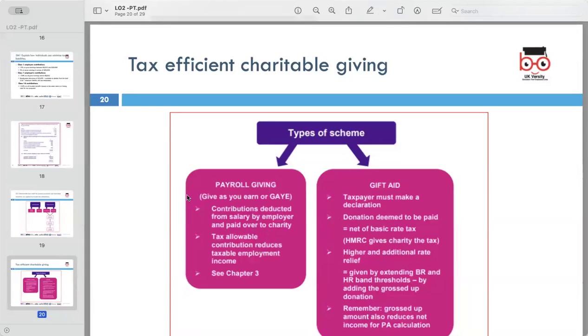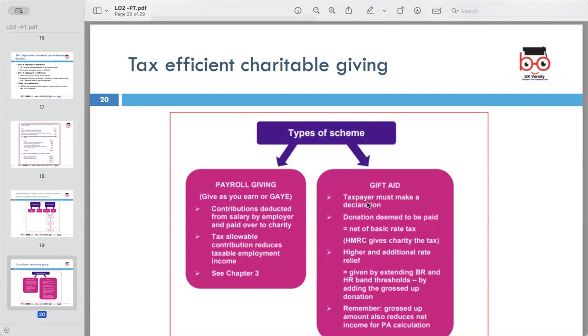So here is a type of scheme: payroll giving and gift aid. Payroll giving is give as you earn. In this scheme, contributions are deducted directly from the individual's salary by their employer and paid over to the chosen charity.